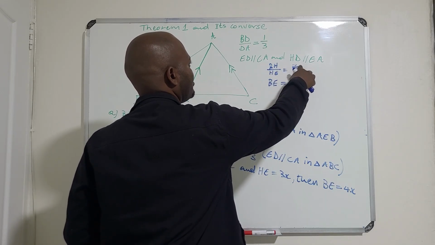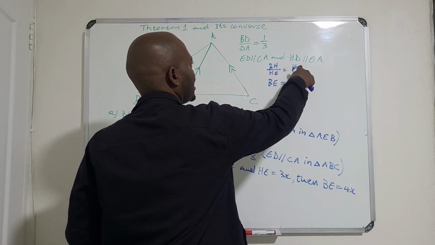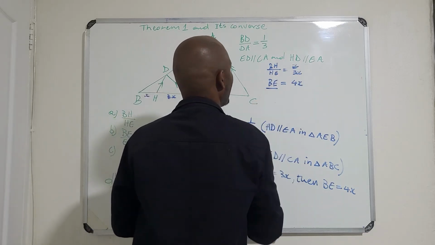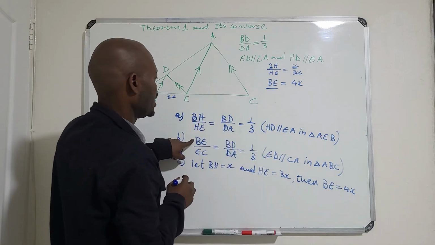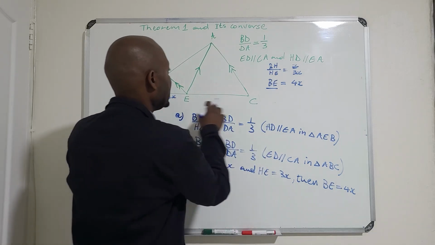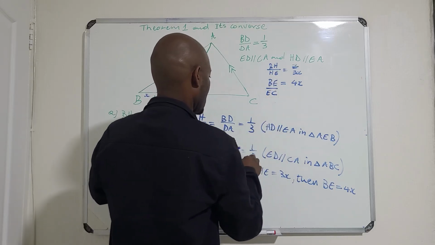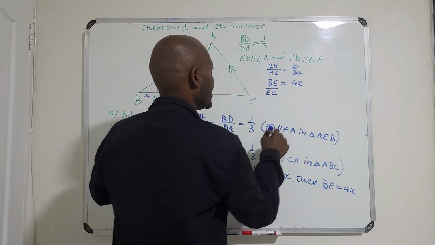We have multiplied X by 4. BE over EC was 1 over 3.